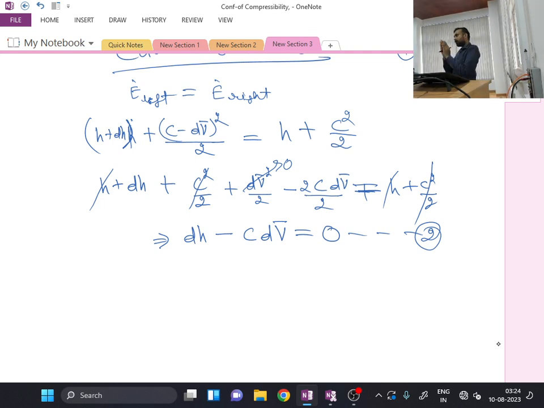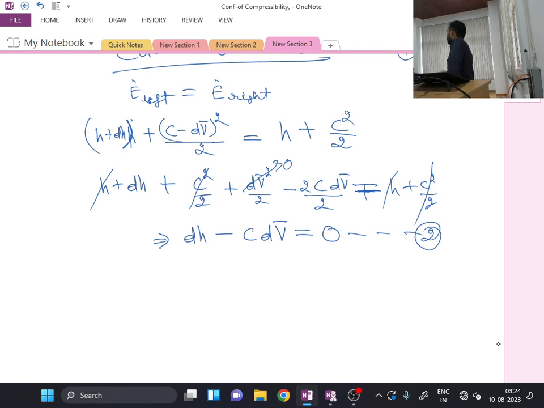So across the sound wave, the property values have a very small, infinitesimally small difference. So if an infinitesimally small difference is there, it means properties on both sides are almost the same. If properties on both sides are almost the same, then the process can be called a reversible process. Okay, so if the process is both adiabatic and reversible, then it will be nothing but an isentropic process.